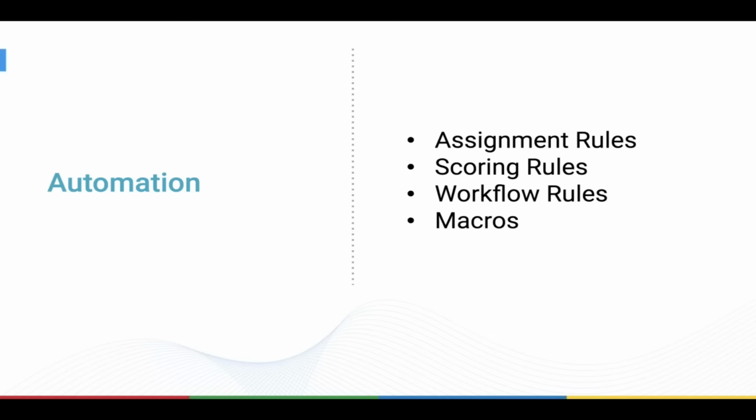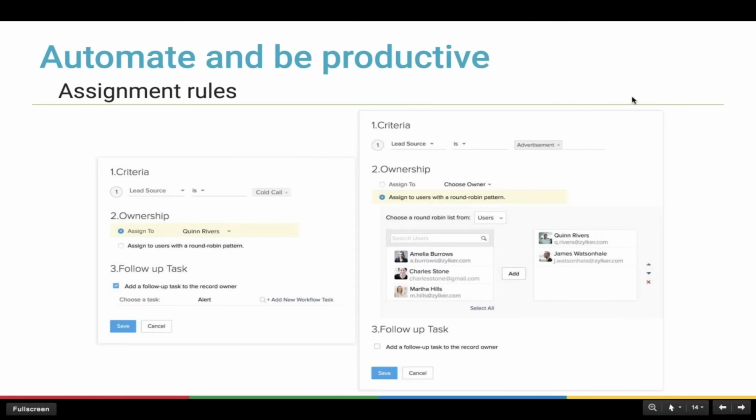Say, let's start off with the leads every single day we get into the business. Most of the time, you would manually have to assign it to a particular sales rep, isn't it? Okay, but as and when the business grows, doing this manually every single time is not the best option. So this is where we have assignment rules in place which will actually let you assign the records to the users in Zoho CRM.